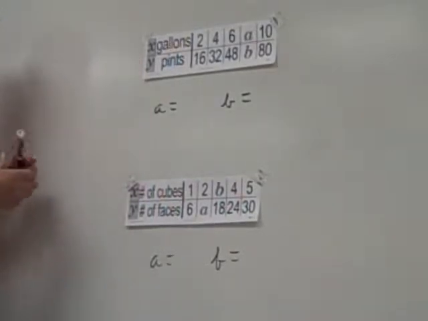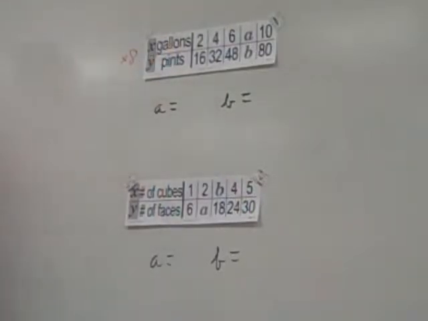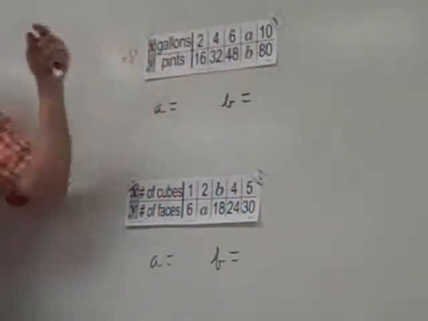What's happening? Times 8, going up and down. Great. But does that help me though? It'll help me later, but does it help me find A right now? To B, because they're both missing.